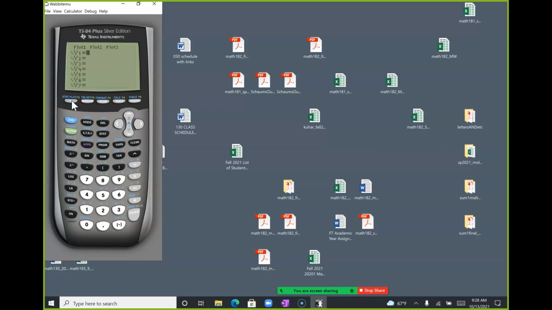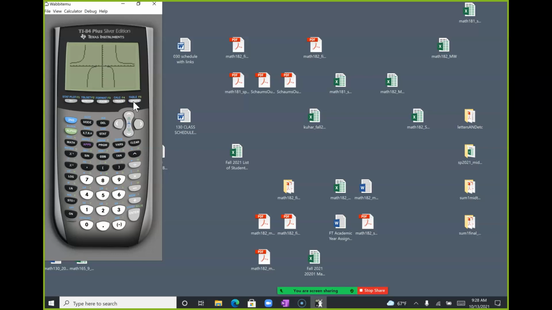I hit Y equals, x squared divided by, open paren, x squared plus x minus 20, close paren. Then I'm going to graph.